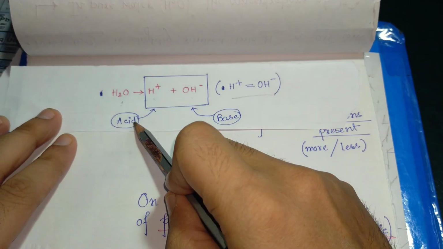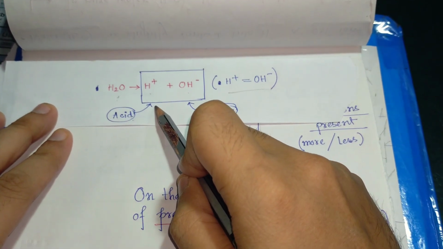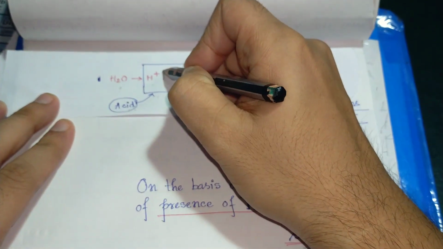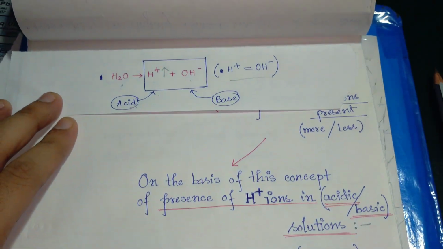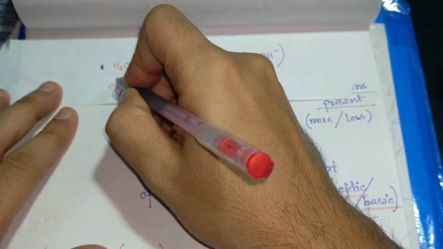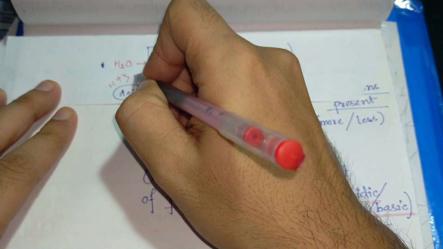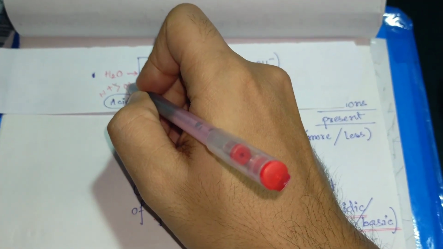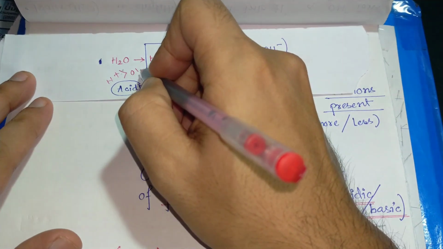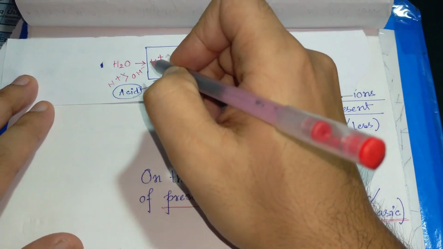But as we add acids into pure water, the H plus count increases.